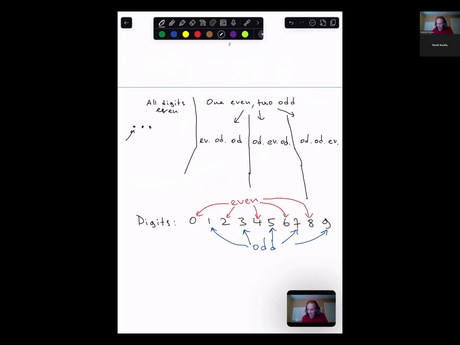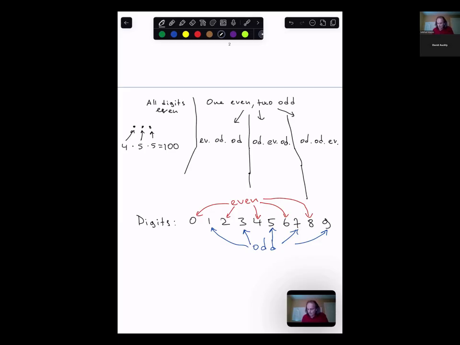We have five even digits, however zero cannot be there, so we have four options. How many options for the second position? Five, because we can use zero, so any even digit. And for the last position, we also have five options. Note that it doesn't matter what we put in the first position, the number of choices is always five for the second and five for the third. So this is 4 times 5 times 5, which is 100.